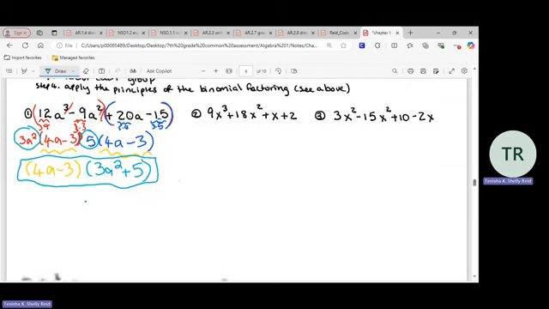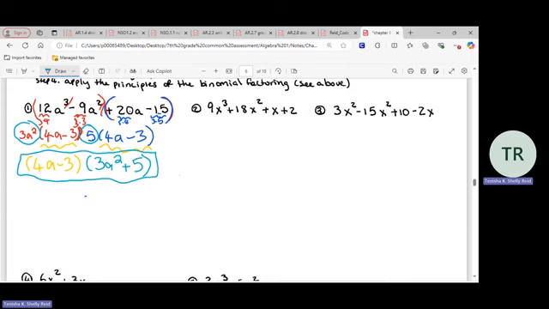Now you might say, how does that work, Miss Reed? Let's check it. Let's do 4a minus 3 times 3a squared plus 5. Remember last class? So 4a times 3a squared, 4 times 3 is 12, a times a squared is a^3.